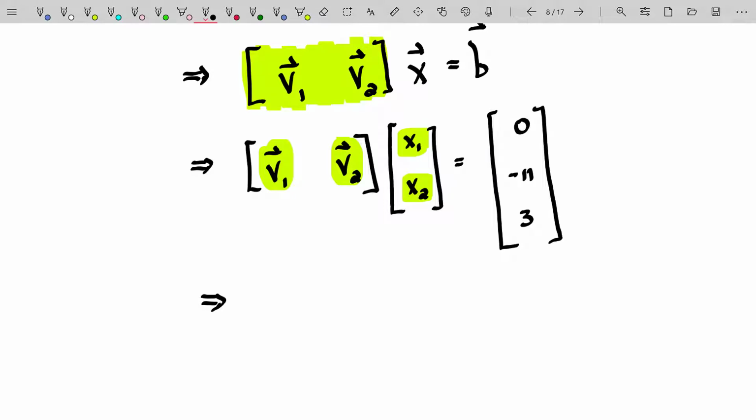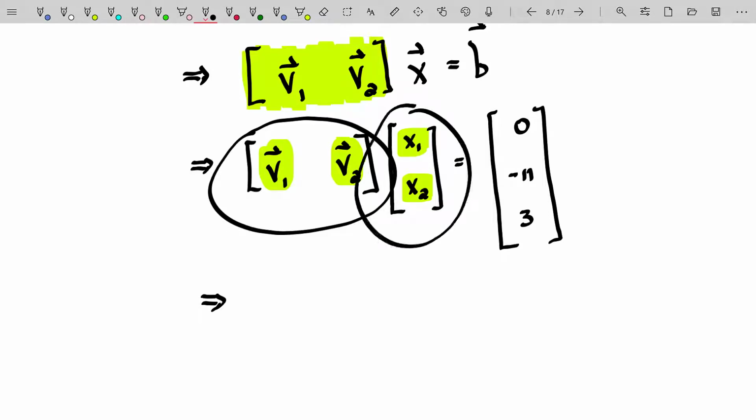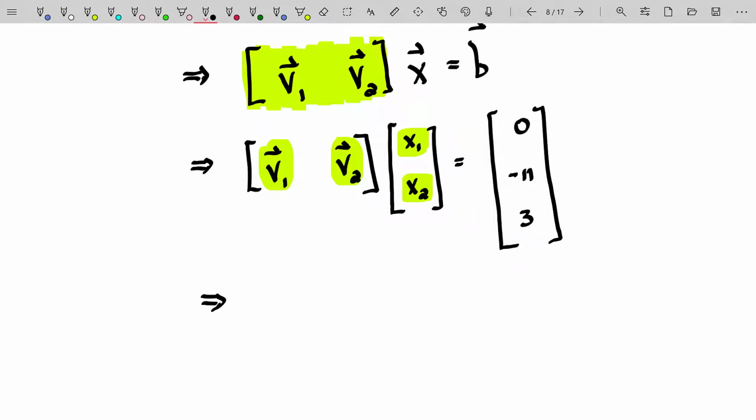So if you multiply this matrix by this column vector, you would imagine swooping this over here, putting a little x1 above this, and swooping this right here, putting a little x2 above that. And you would say, that's x1 times the vector v sub 1 plus x2 times the vector v sub 2.